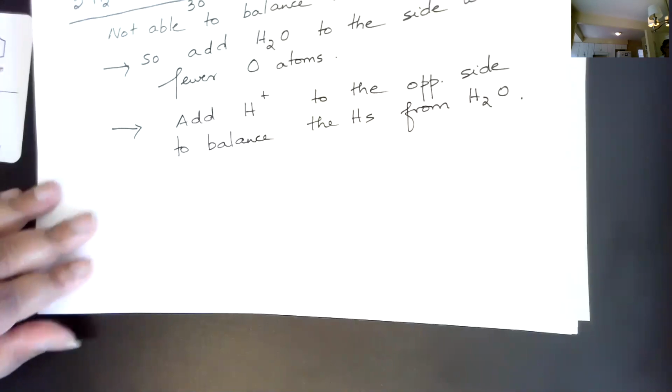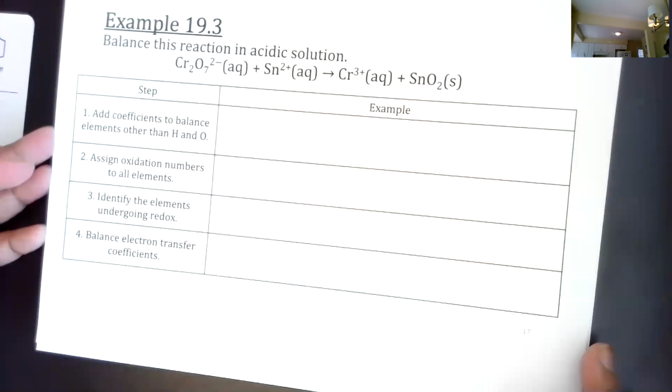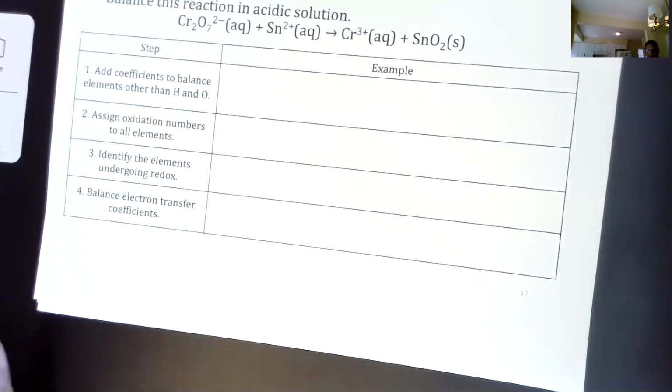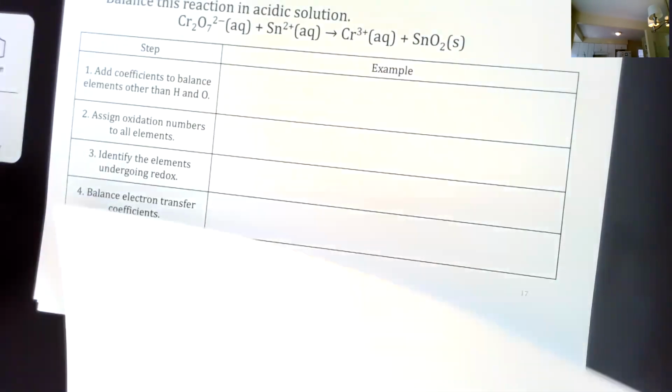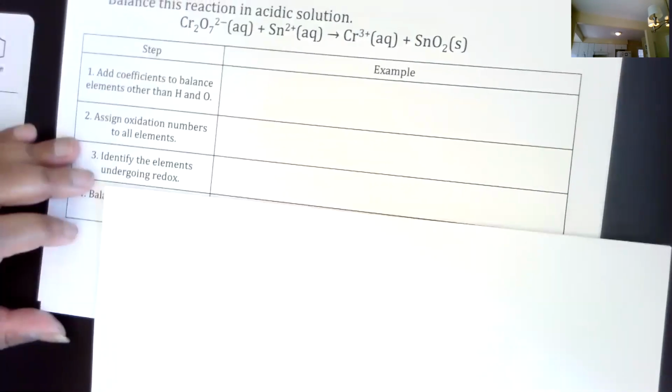We're going to do another one, so we review, and this is also an acidic. So first step, I'm going to say the first step is to assign oxidation numbers.